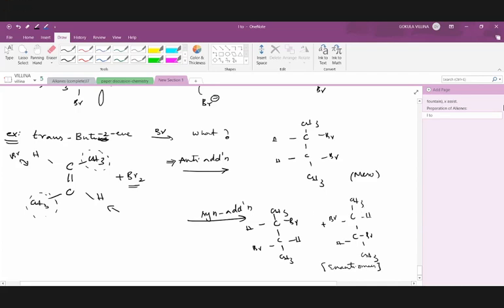So the anti-addition will give us a meso form where there will be a plane of symmetry and an optically inactive compound will be the final product. Whereas when we are doing syn addition, we will be getting a pair of enantiomers. That is a racemic mixture we will have in the product. So anti-addition will give meso and the syn addition will give a racemic mixture.